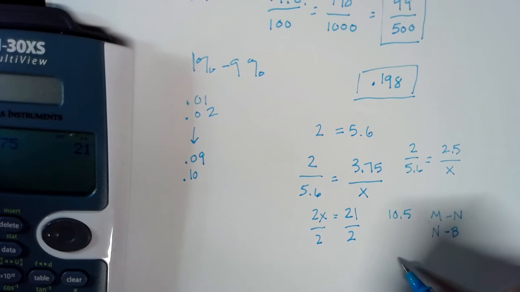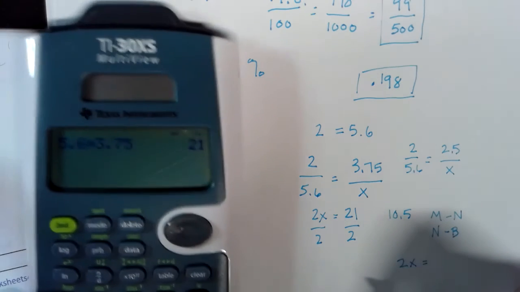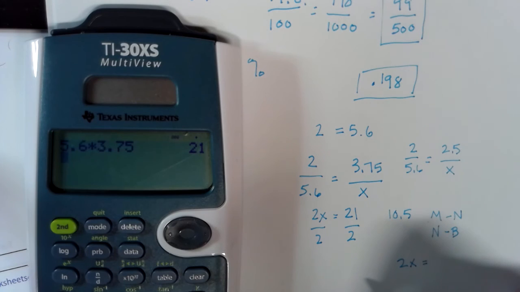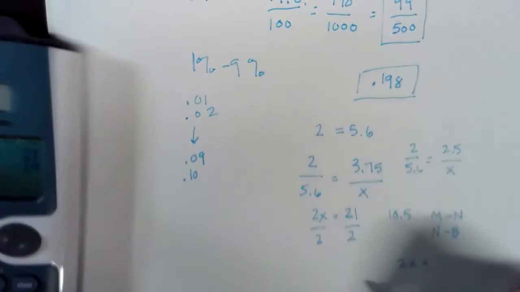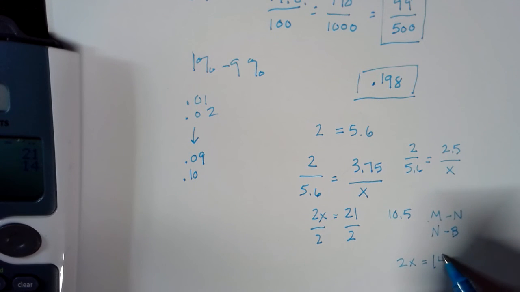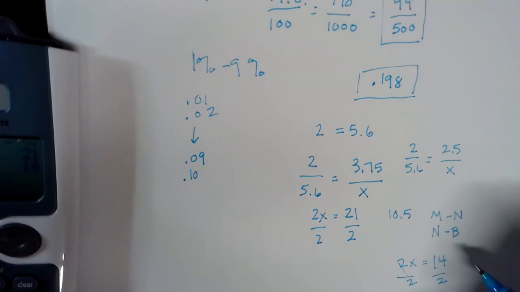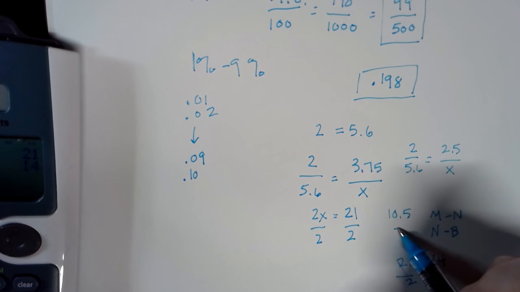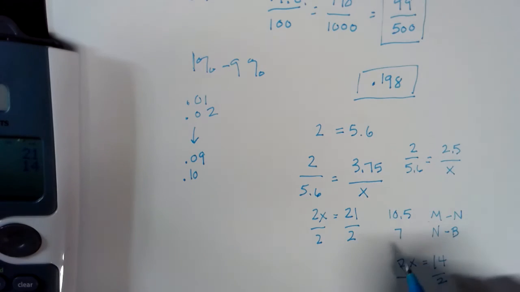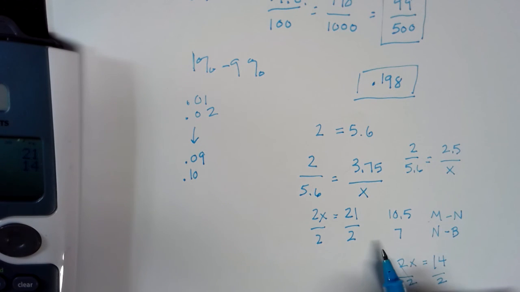Cross multiply. 2x equals 2.5 times 5.6, which is 14. And you've got 2x equals 14. Divide out that 2 to isolate x. That cancels. Now you've got x equals 14 divided by 2 is 7. So 7 miles from Norwood to Bar. That means the total distance is 17.5 miles. You add those two together.